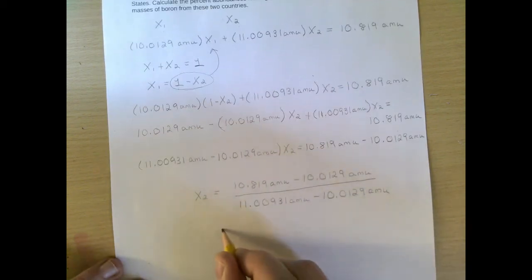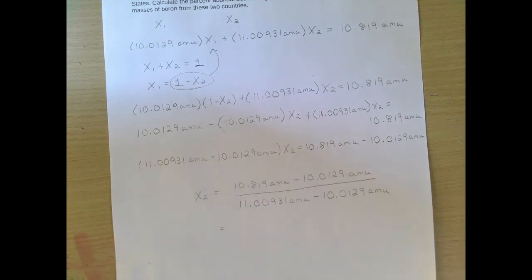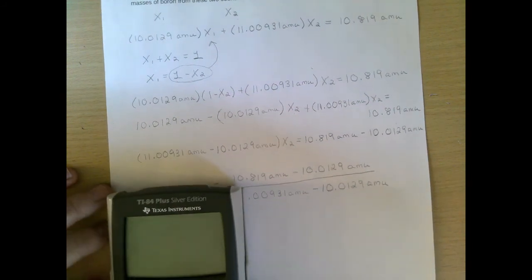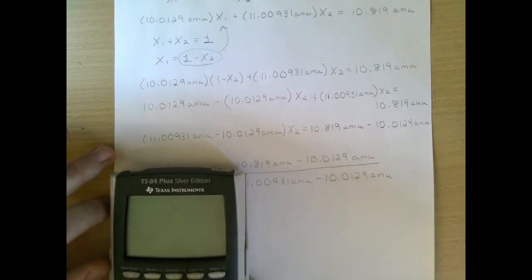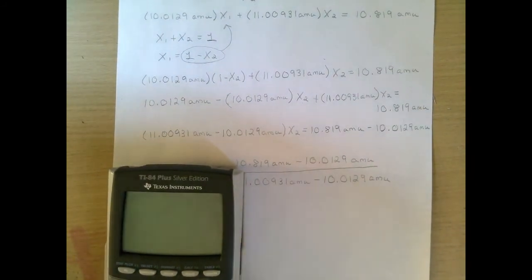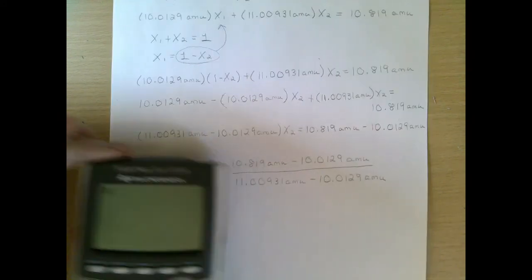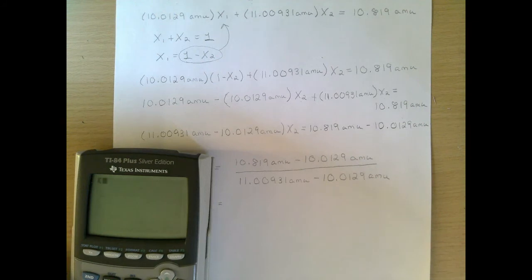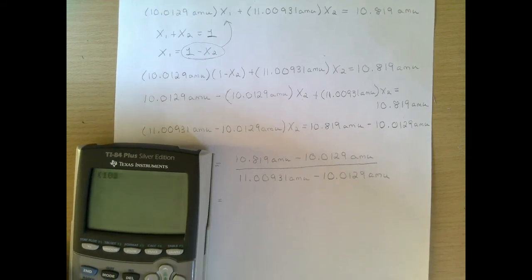Now I'm going to need to get out the calculator. We'll adjust the camera just a tad bit there. What we're going to do is start off with the parentheses. We're going to do 10.819 minus 10.0129, close that parentheses.